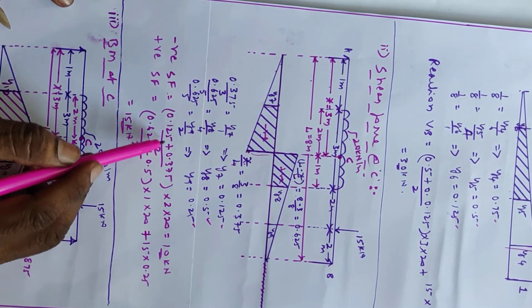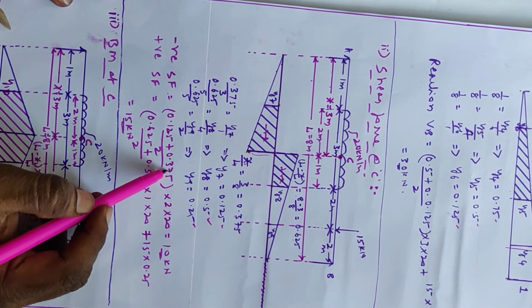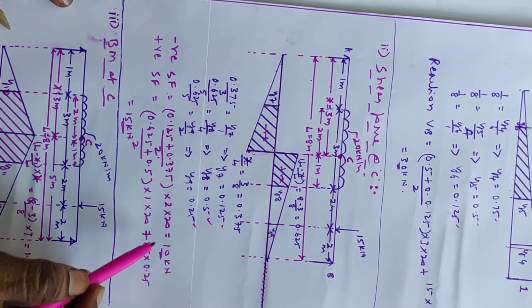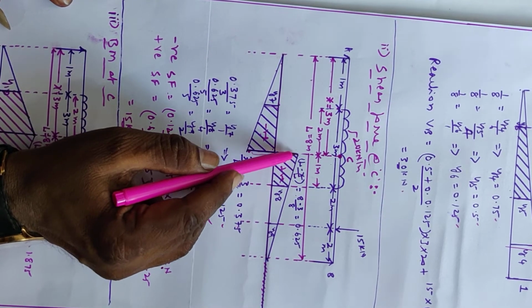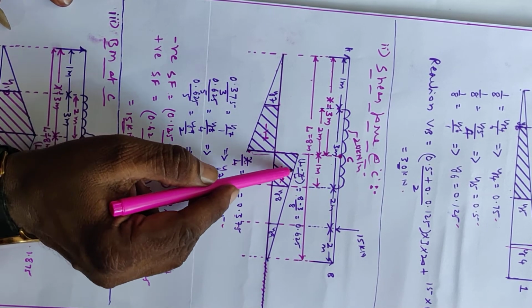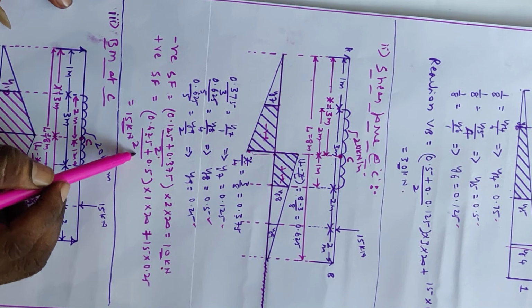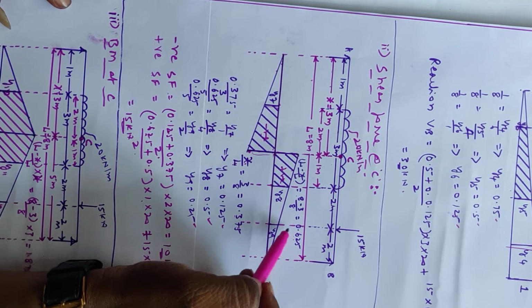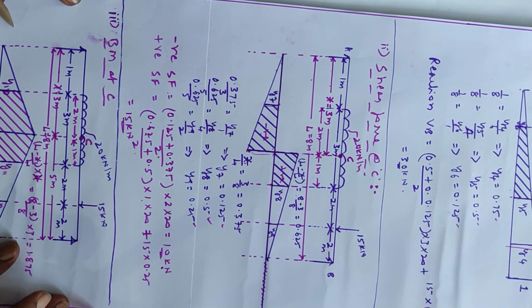Therefore (y7 0.125 plus 0.375) by 2 into length 2 into intensity 20. I got 10 kilonewton. Positive shear means to the right. So this height plus this height by 2, average height, into length 1 meter. (0.625 plus 0.5) by 2 into 1 meter into intensity 20 kilonewton, plus one point load is there, 15 into y9 0.25. I got 15 kilonewton.